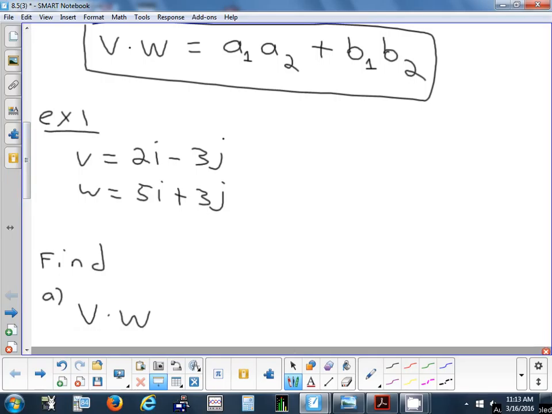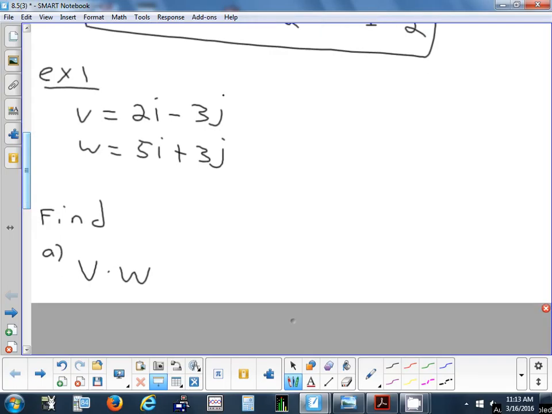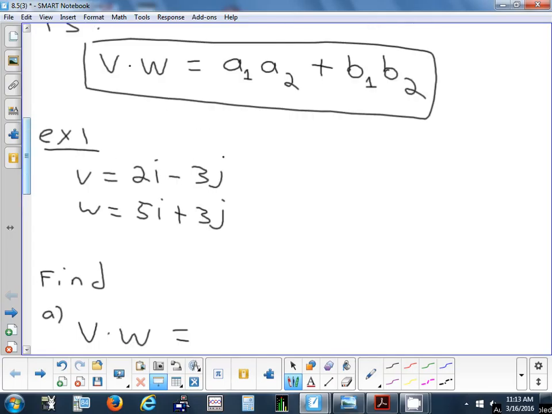Here are two vectors. I want to find the dot product, v dot w. Based on that formula up above, can anyone tell me the first two things we're going to multiply together? 2 times 5.